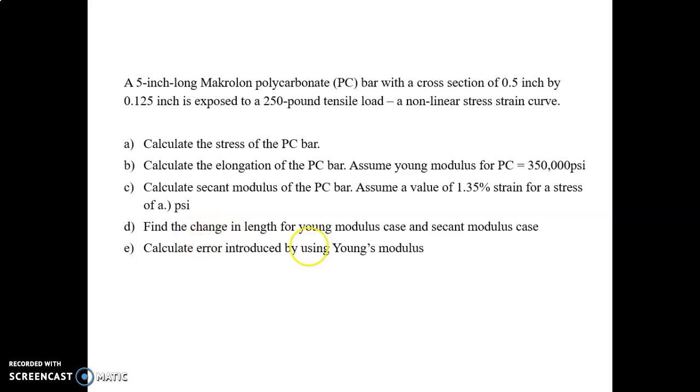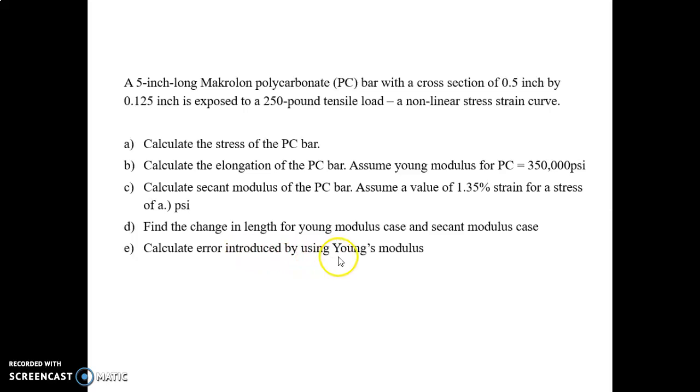So kita akan dapat cari change in length sama dengan dia punya original length dia 5. Kita kena times dengan strain dia 0.0135. Okay, so darab lah 5 inch dengan 0.0135. Kita akan dapat 0.06.